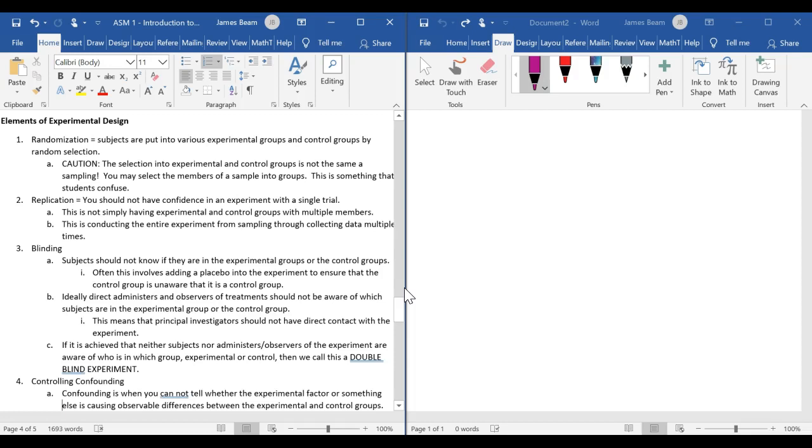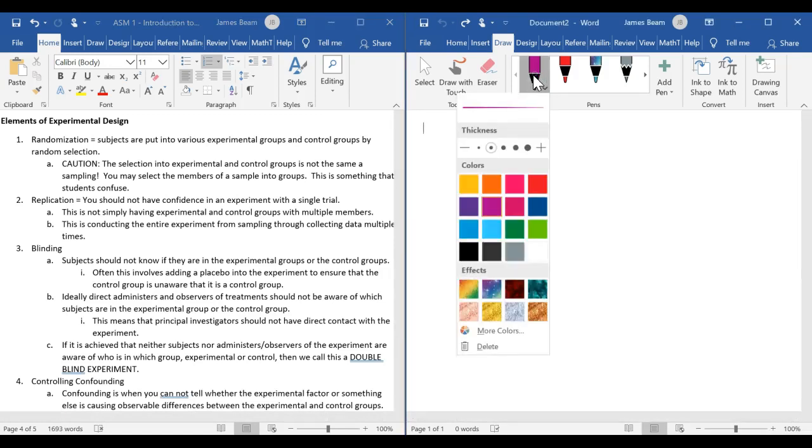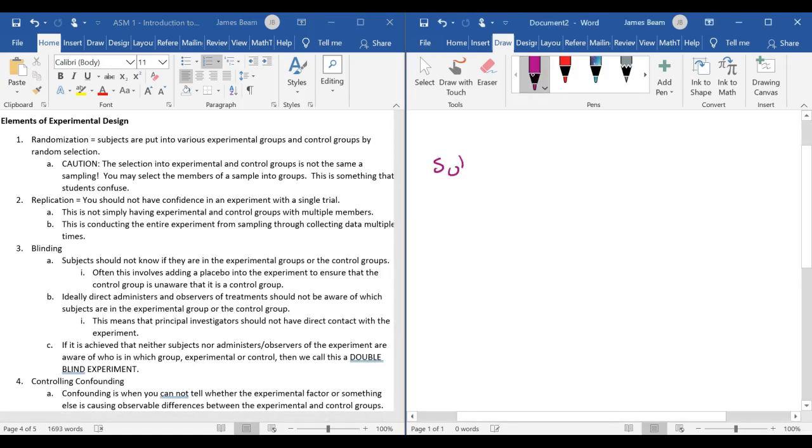Blinding. Okay. So blinding means basically somebody in the experiment doesn't know what's going on. And usually in an experiment, you have three groups. You have subjects. So these are the people who are hanging out in their little experimental group or in their control group.